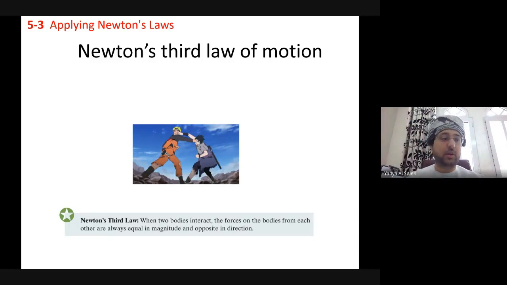So it's going to be acting on two different bodies. What's the third rule? The harder he hits me, the harder I hit him. So overall, two bodies interact, forces are opposite in direction and equal in magnitude.